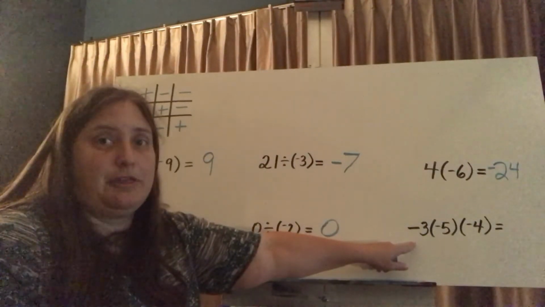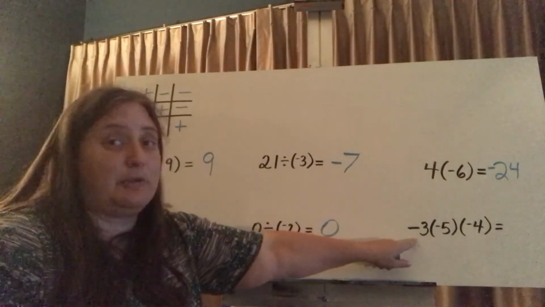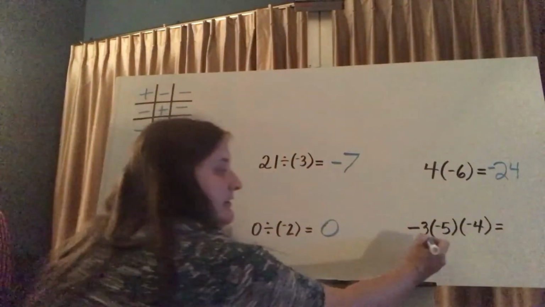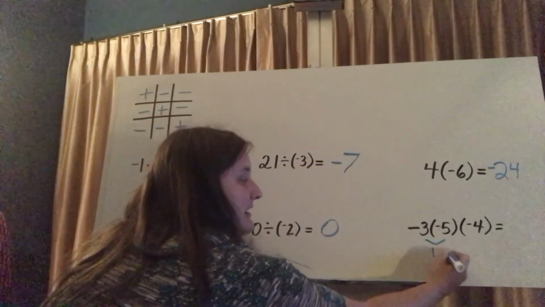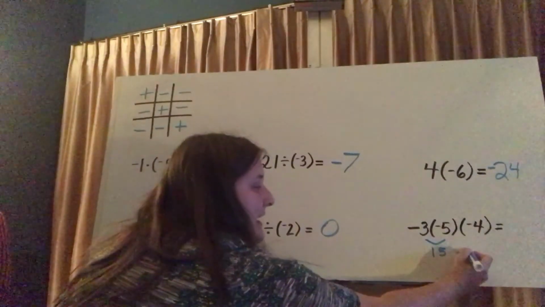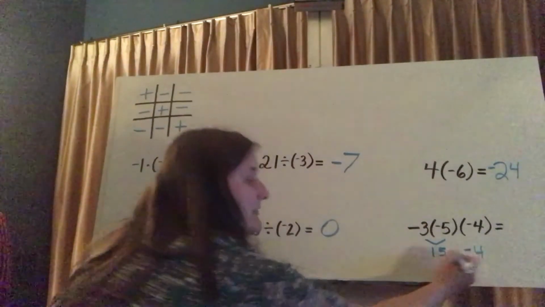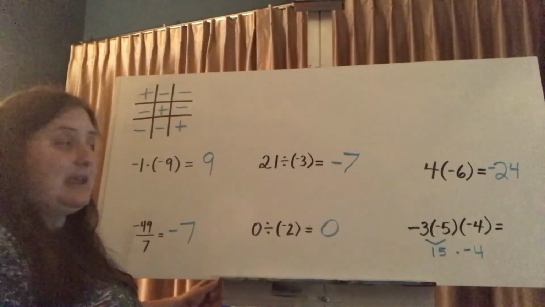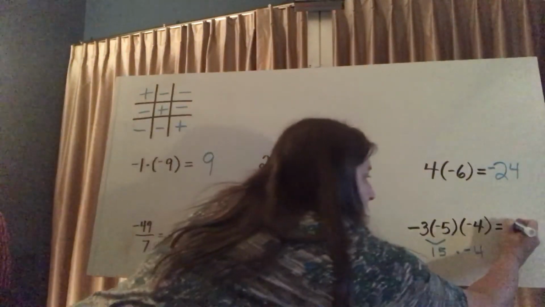Here we're multiplying 3 numbers, so I'm going to start with the first 2. Negative 3 times negative 5 gives me positive 15. Positive 15 now times negative 4 to get my final answer gives me negative 60.